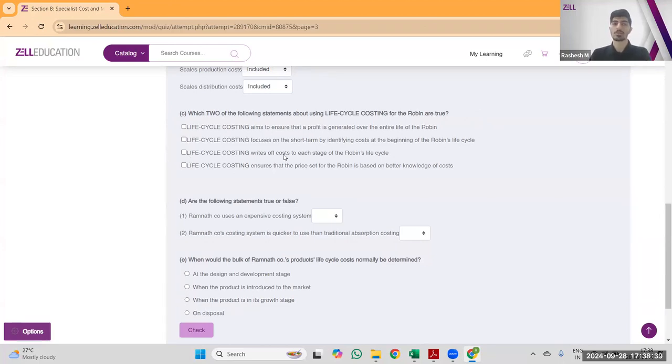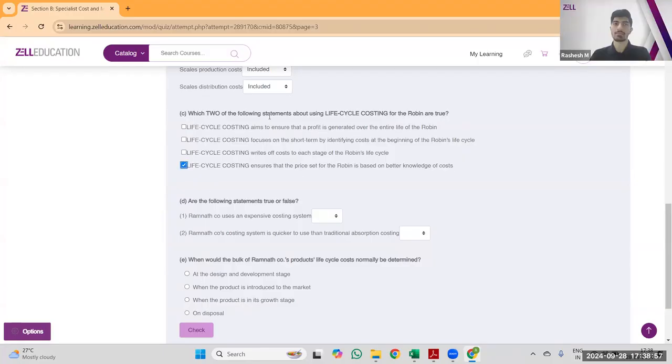Life cycle costing writes off costs to each stage of the life cycle. False, you average it across all cycles. Life cycle costing ensures that the price set for Robin is based on better knowledge of costs. True.